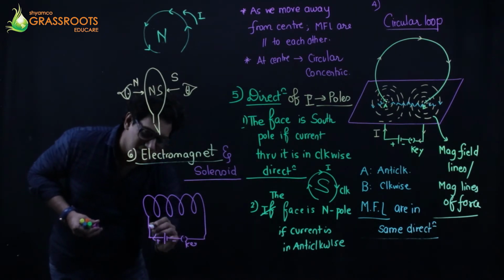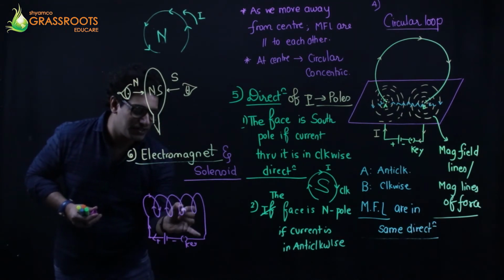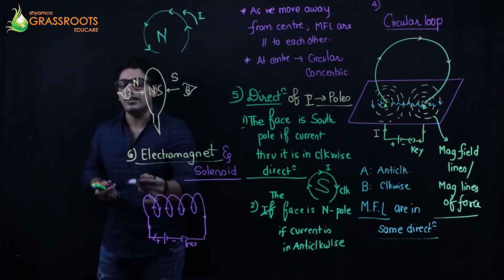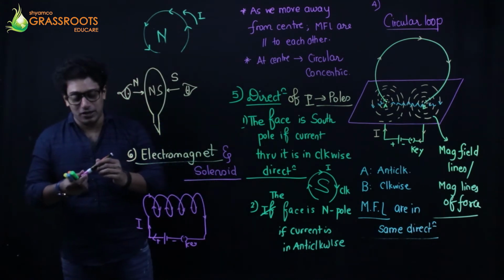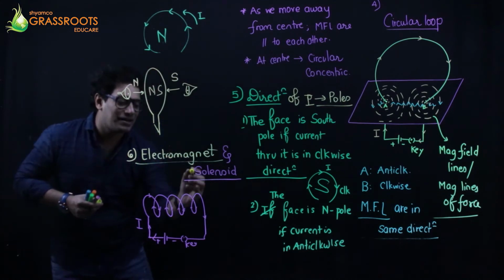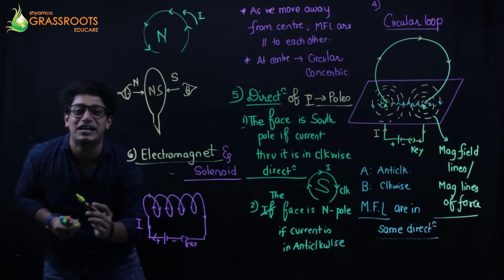You know what happens? Same like Oersted's experiment. When the current flows through the wire, it produces a magnetic field around it. A current carrying conductor produces a magnetic field around it, meaning around it there is going to be a magnetic field.